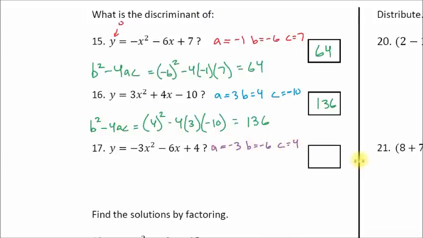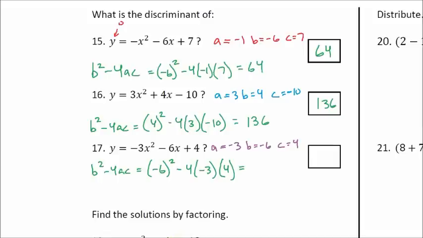Again, class, just reminding you, this is part of the quadratic formula. That means we don't have to worry about pulling out any GCFs, changing a to 1. You just find a, b, and c and solve. So let's do our discriminant. B squared minus 4ac. B is -6, just like it was in the first equation. -6 squared minus 4 times -3 times 4.